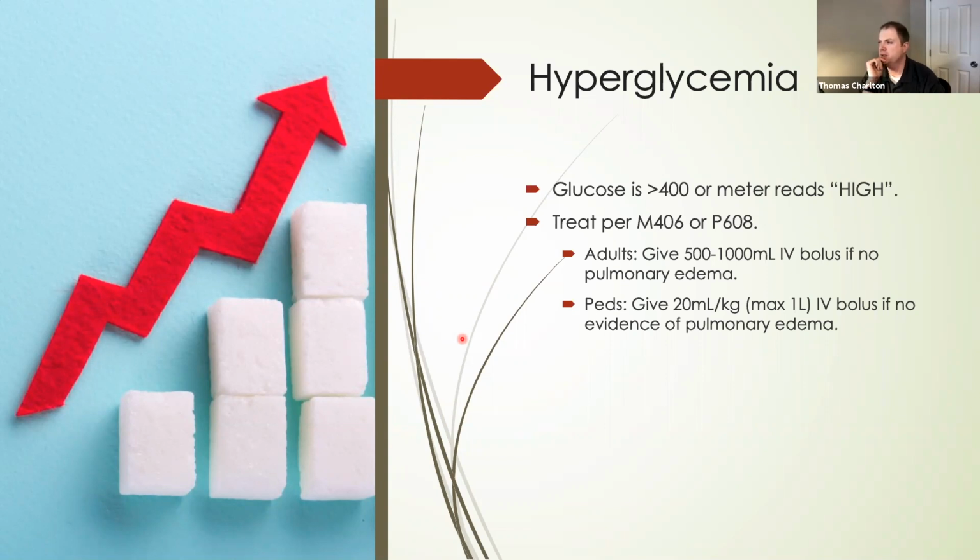Adults, we typically want you to give between 500 and 1,000 milliliters IV bolus if there's no sign of pulmonary edema. For pediatric patients, you're going to give them 20 milliliters per kilogram to a max of 1 liter IV bolus, again, if there's no evidence of any pulmonary edema. Ultimately, we're going to get this person insulin, but we've got to get their lab work back before we can safely give them insulin.